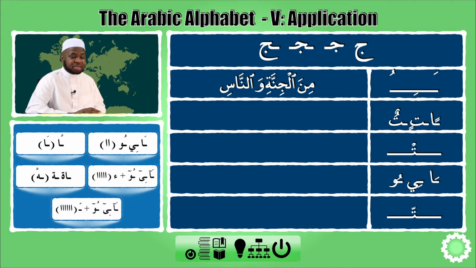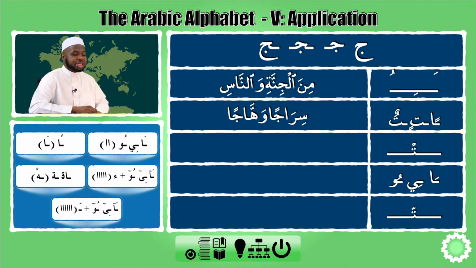Just to remind that in the episode of Surah An-Nas, we have explained why we have to stress on the sound of an emphasized noon by saying Jinnati wan-nas. So you can refer to the episode of Surah An-Nas, and you will be good to go, inshallah ta'ala. And then the next will be Sirajan Wahhaja.